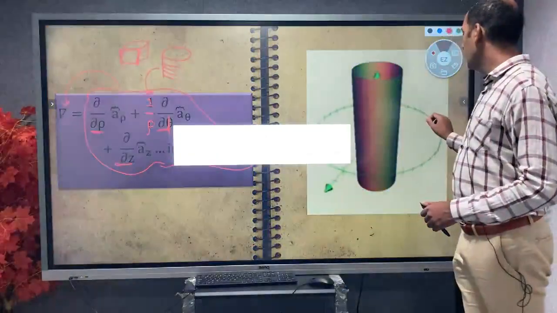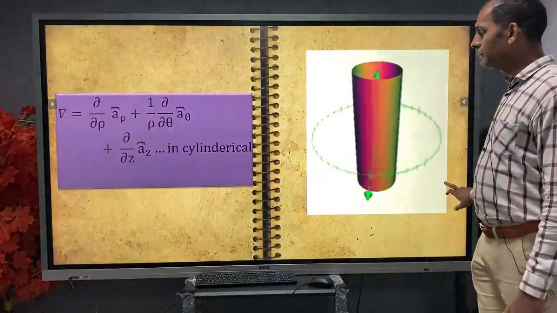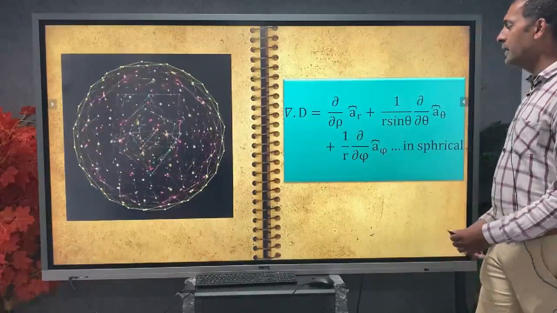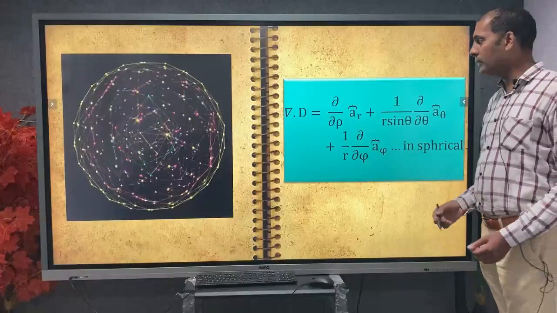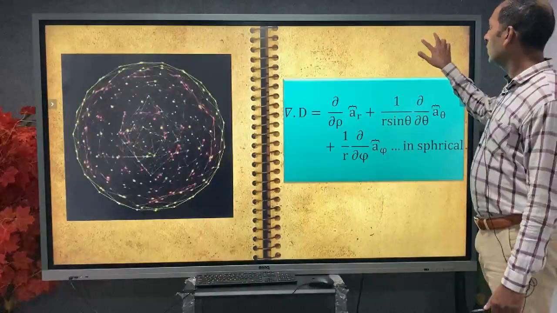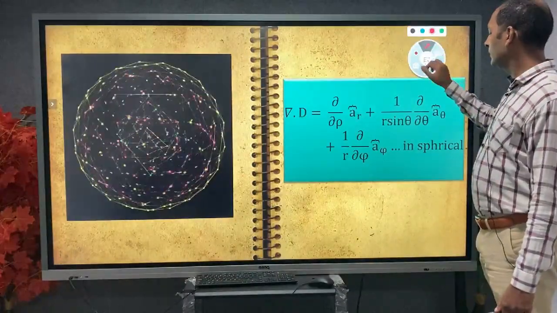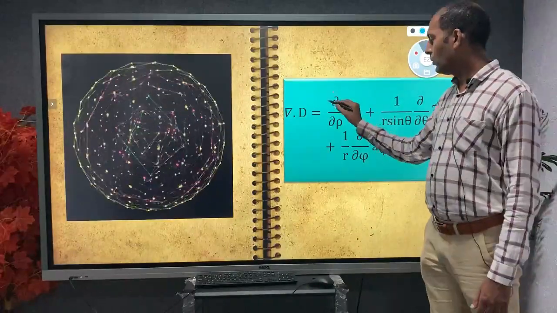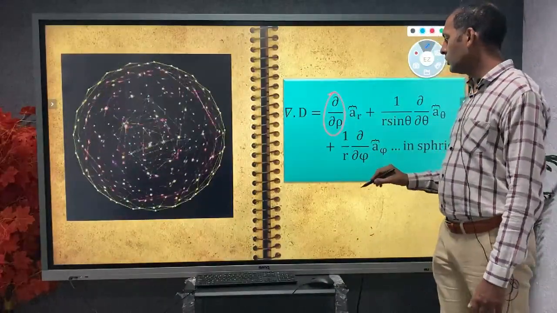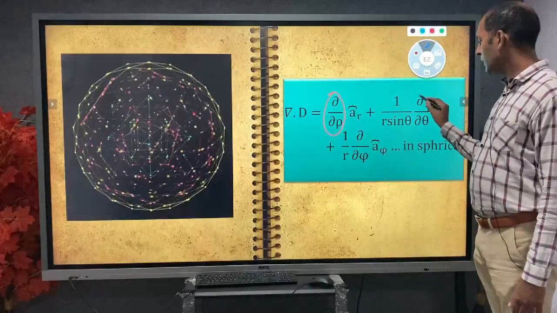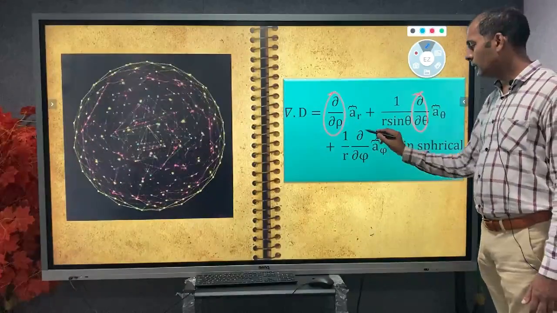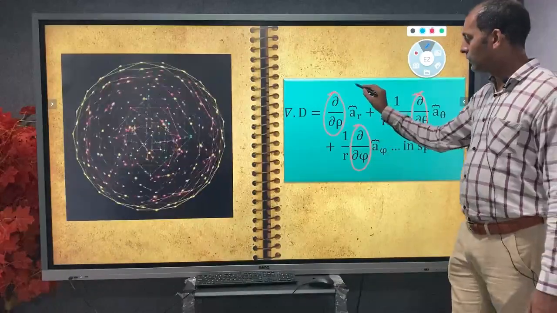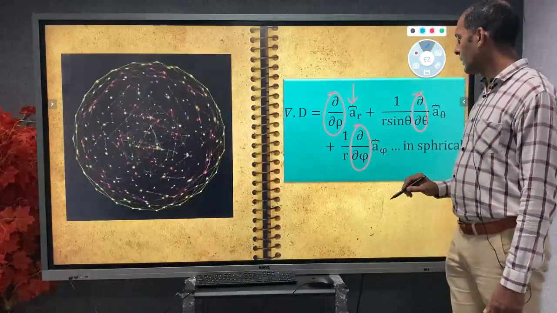Now let us see the next one. Here we have the spherical coordinate system. What are the 3 coordinates? Rho, phi, and theta. So we have dou by dou r or dou by dou rho, then dou by dou theta, dou by dou phi. So this is the direction for rho.